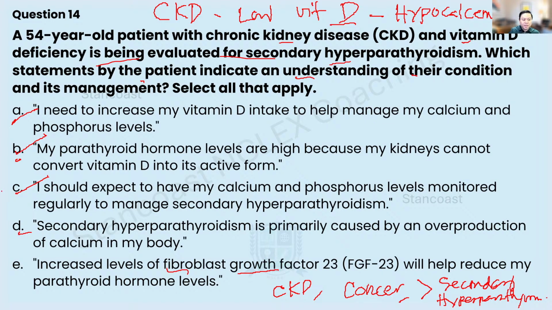So we are not selecting letter D. That is not the correct answer. The hyperparathyroidism in the secondary hyperparathyroidism rather is not caused by the excess calcium, but it is caused by the hypocalcemia.